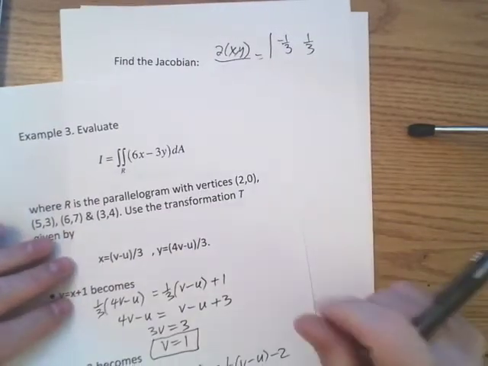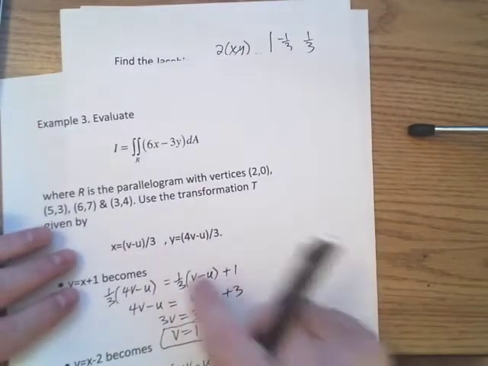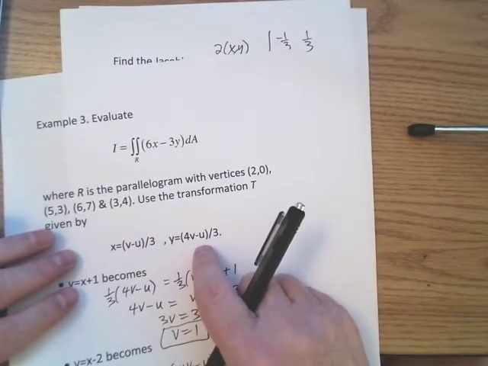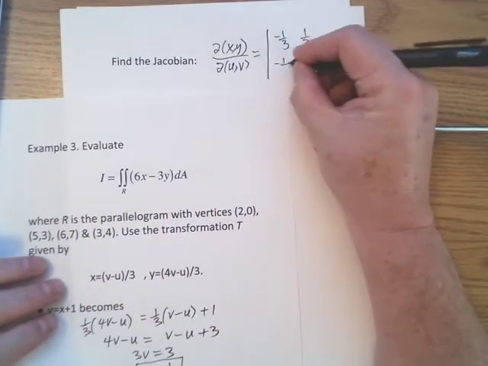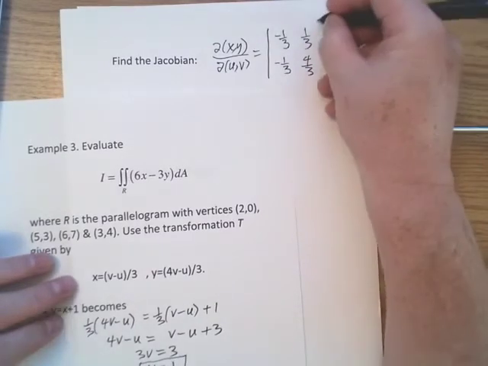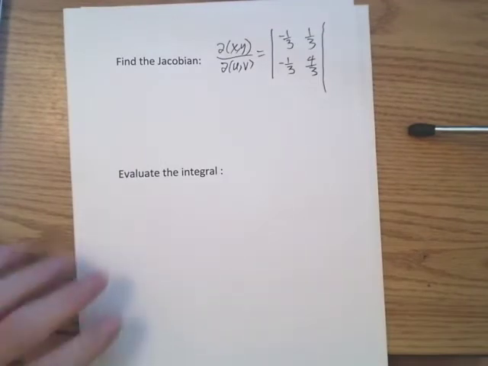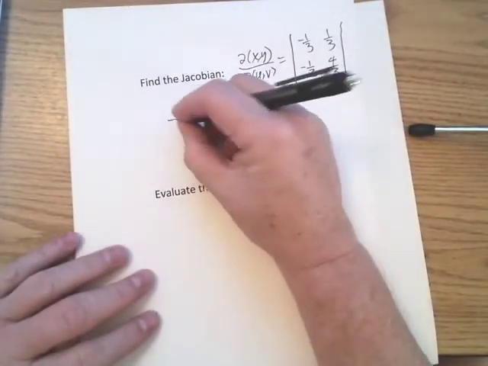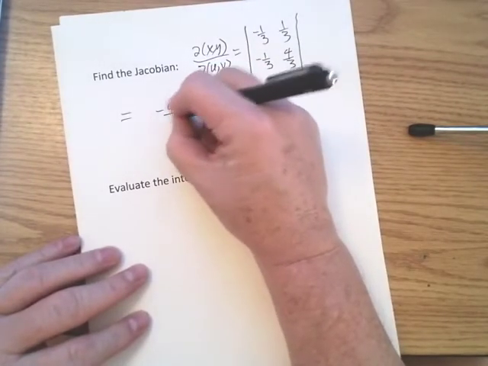Now we need to do the partial derivative of y with respect to u. Y with respect to u ends up being minus 1/3. And then with respect to v becomes 4/3, doesn't it? So we can see this is just going to end up being a constant here. So that ends up being negative 4/9, right?